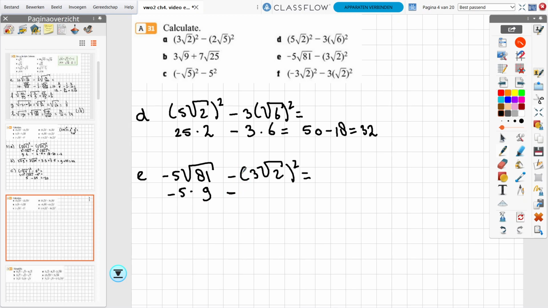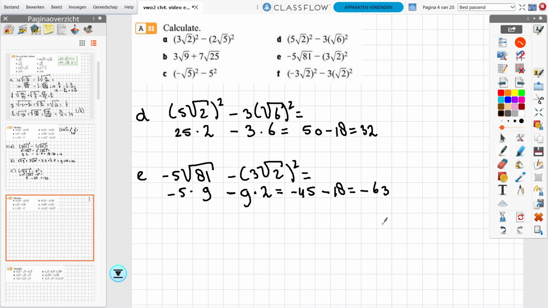This negative is outside the bracket, so we just leave it there. Inside the brackets, I have to square both things. 3 squared, which is 9. And root 2 squared, root and the square cancel each other out, which is 2. Which gives me negative times positive is negative 45. Minus 9 times 2 is 18. So this is going to be minus 63.